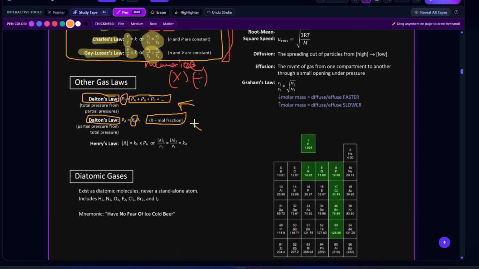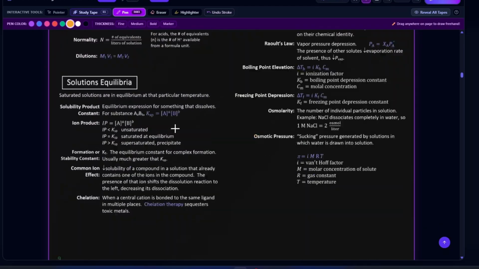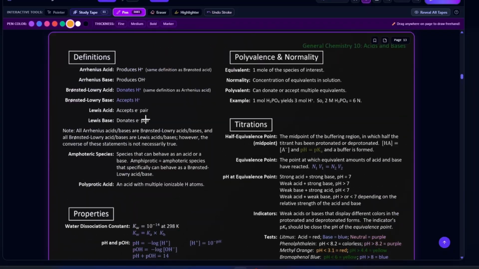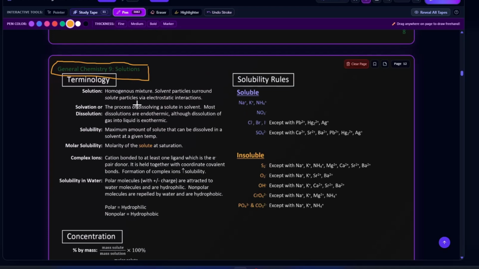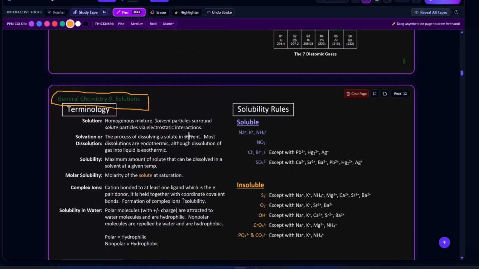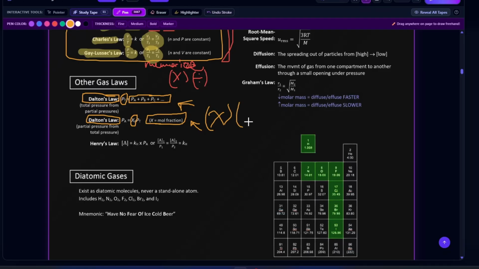I'm not sure if we went over mole fraction before in stoichiometry, but if you don't know mole fraction, it shows up again when you're doing chapter 9 on solutions. It shows up over here: moles of solute over total moles of the solution, by the way. So that's X. You multiply X by P, which is the total pressure, and that will give you a partial pressure if you ever had to find it that way.